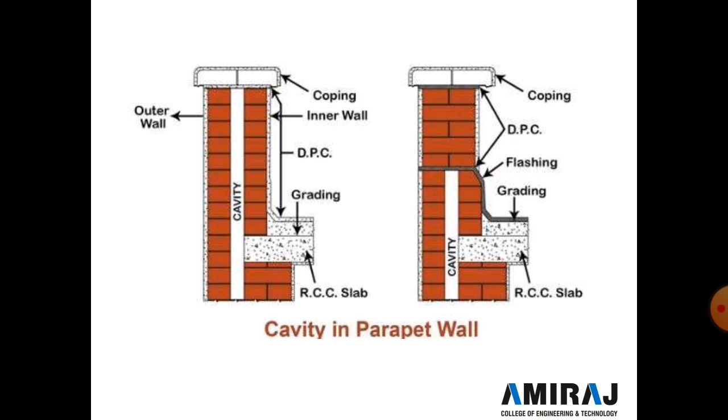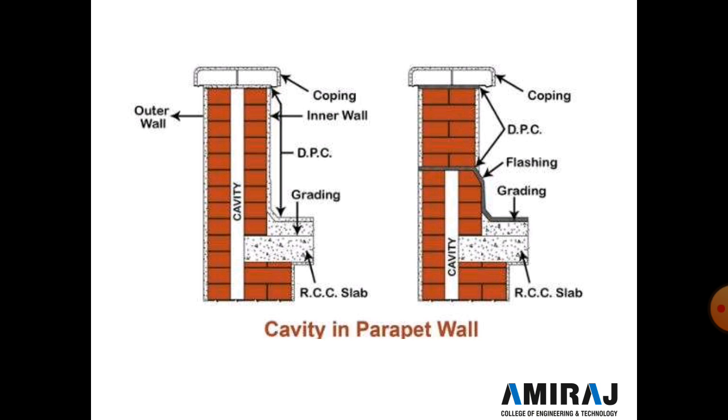This figure shows the parapet wall. Here in a parapet wall, the cavity is provided up to the top of the parapet wall, and on the top coping is provided. Generally coping is made by RCC or only cement concrete work.